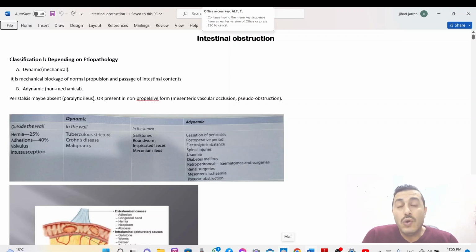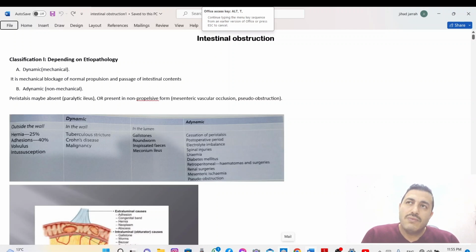Some causes of intestinal obstruction we already discussed, such as those in the pediatric age group. We will see it in the next few minutes, and others will be discussed later in separate lectures.